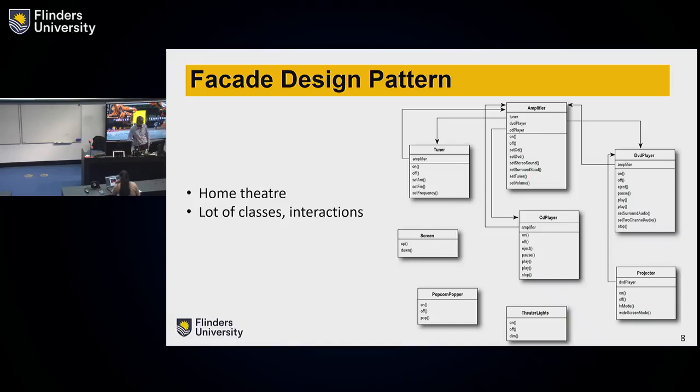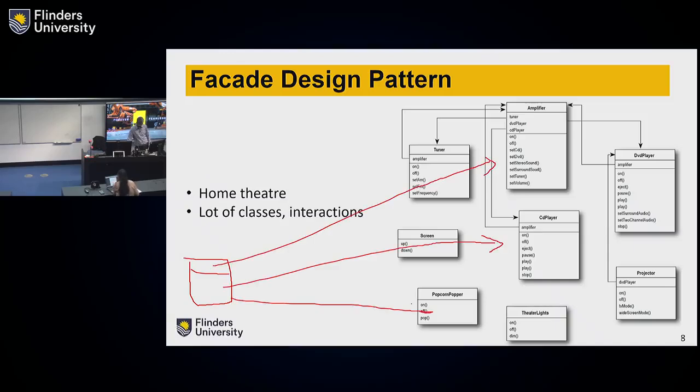You need to create, first of all, your own class, for example. And then you need to create an object of amplifier, an object of CD player, of popcorn popper, and as many classes as possible so that you can achieve the functionality of a complete home theater, for example. This is a home theater application.